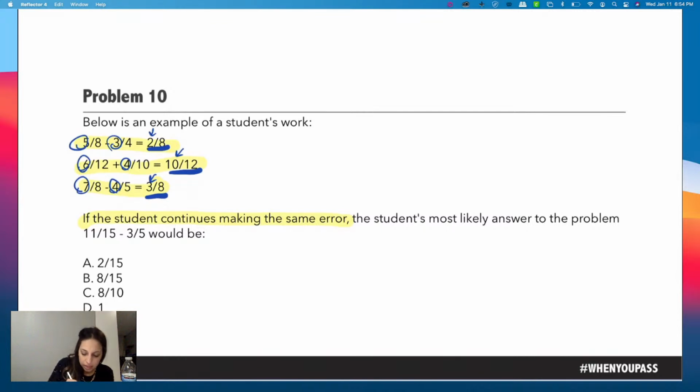So then if I look at this, then 11 minus 3 would be what? 8. So it's not A and it's not D. Because remember, we're trying to make the same error that this student made. But then when we look at the denominators, we have 8, 12, and 8. Where did they get 8, 12, and 8?